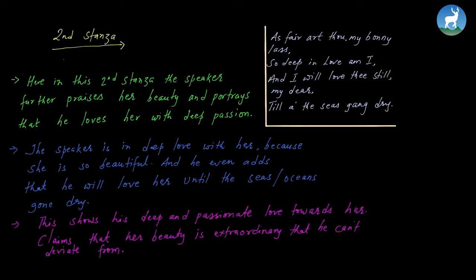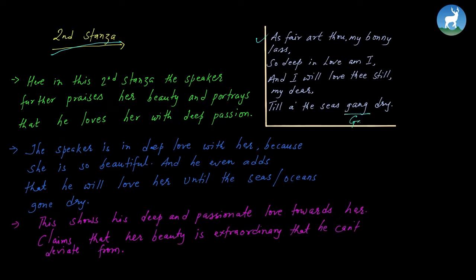Okay, let's go with the second stanza of A Red, Red Rose. As fair art thou, my bonny lass, so deep in love am I, and I will love thee still, my dear, till the seas gang dry. So let's go with the meaning.